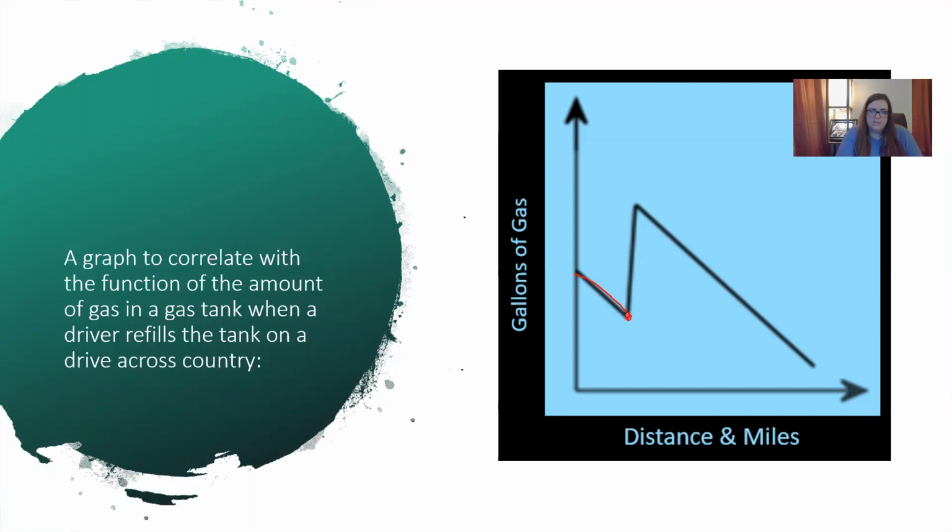So he stopped at this point, and as you can see, it's just gradually filling up. And then that's most likely where he filled up his tank. But of course you don't know because there's not that much information for it. So then that's when he's done filling up and he starts driving across the country again. And that's how we tell that one.